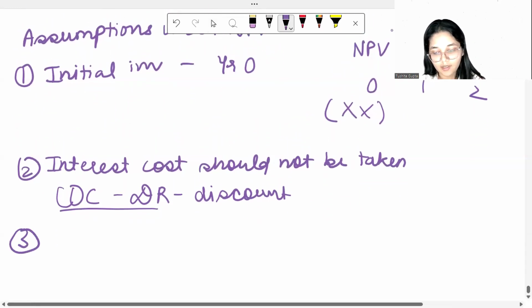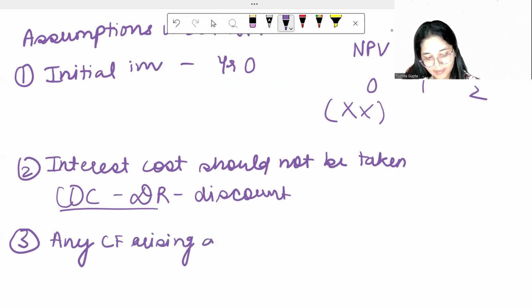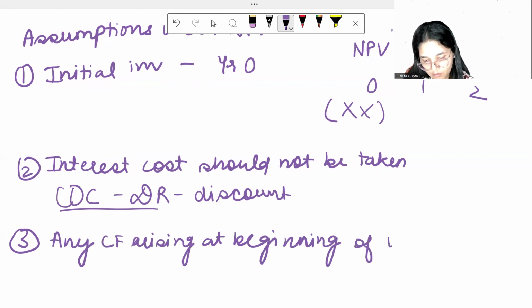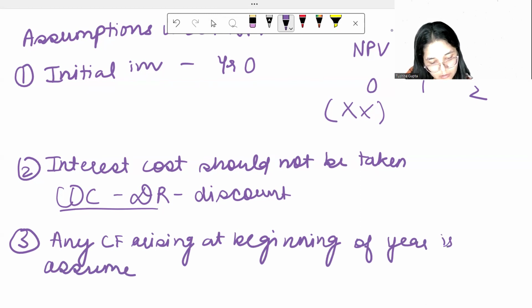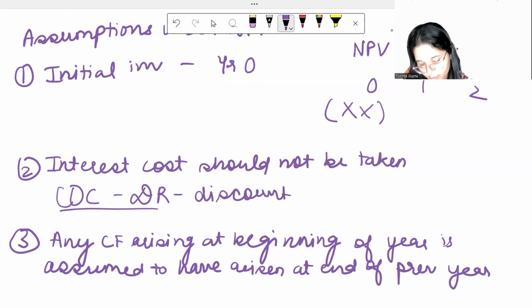Third assumption over here is that any cash flow arising at the beginning of the year is assumed to have arisen at the end of the previous year. This might seem complex to you, but what do we mean by this?